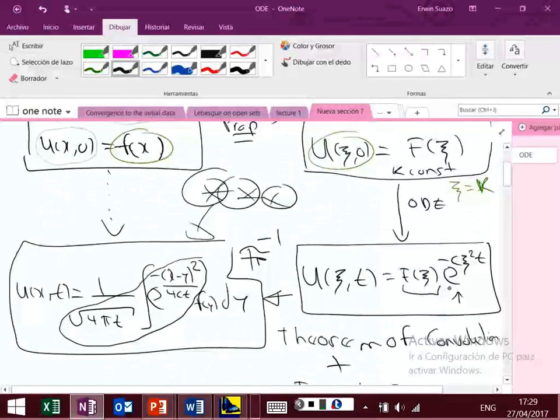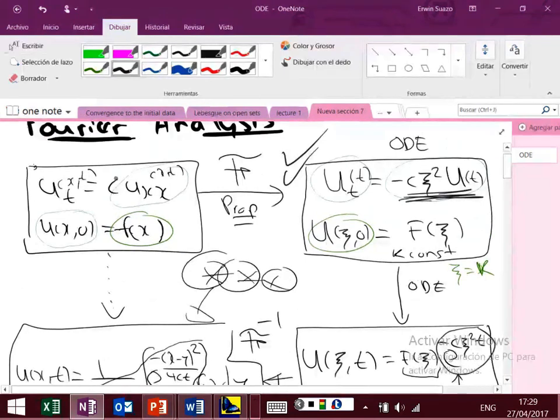Here this c is because I had this c over here, so for me c is 1 here.